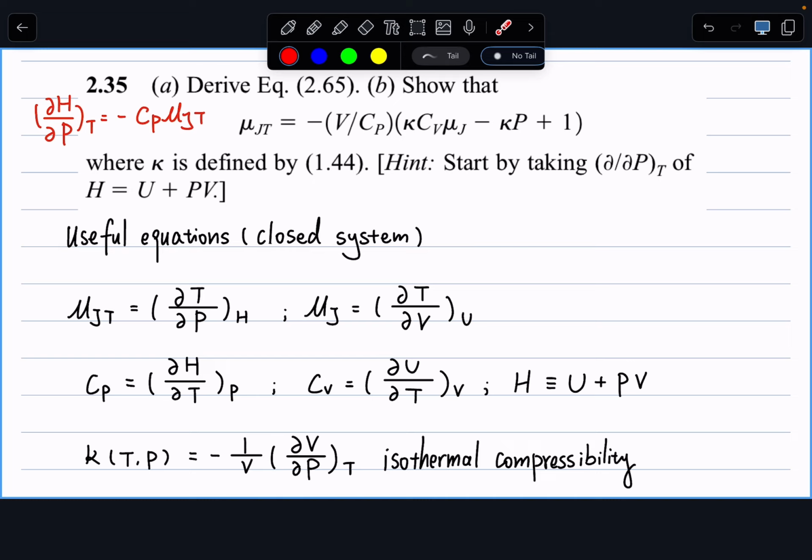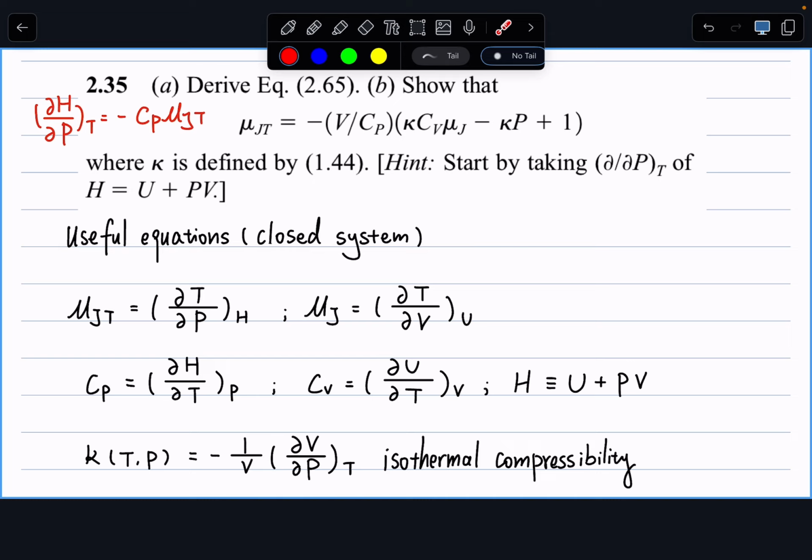All right. So in this problem, when we look at what we want, μJT equals negative V over Cp times this whole thing. And in the first part, we derived that the partial derivative of H over P at constant T equals negative Cp μJT. So the first thing is to move this negative and Cp to the left-hand side, right?